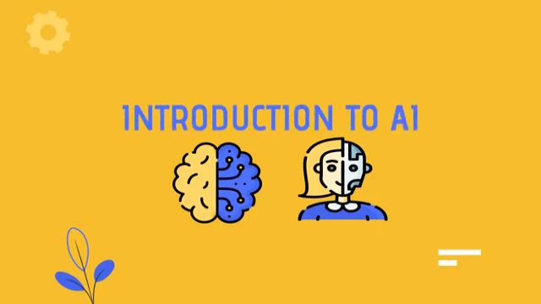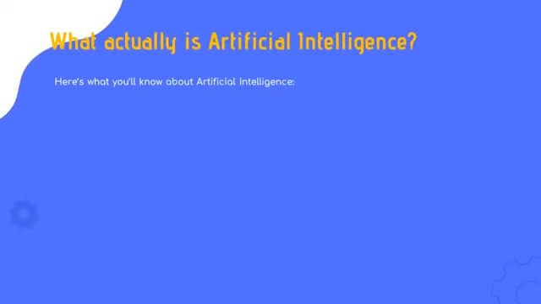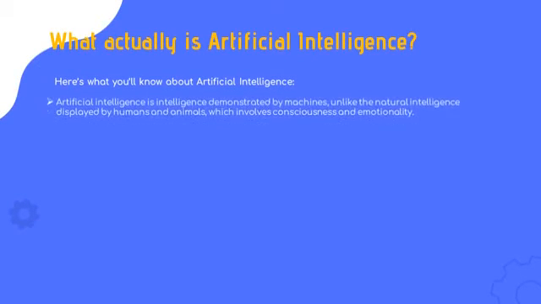Introduction to AI. Here's what you'll know about artificial intelligence. Artificial intelligence is intelligence demonstrated by machines, unlike the natural intelligence displayed by humans and animals, which involves consciousness and emotionality.